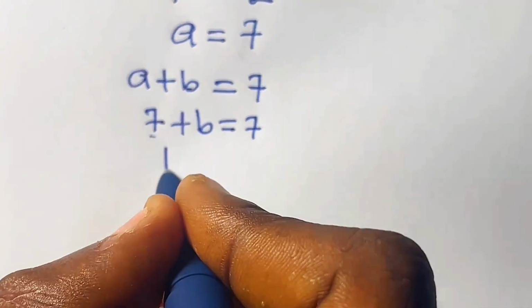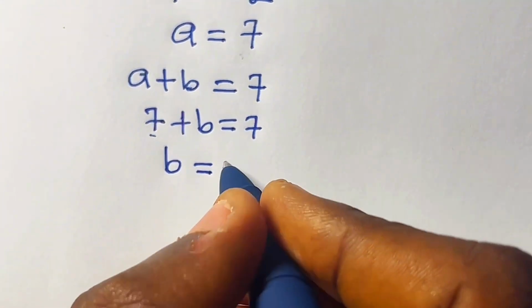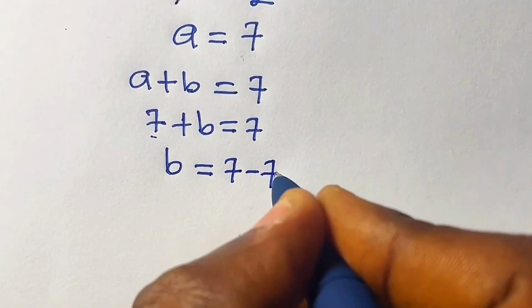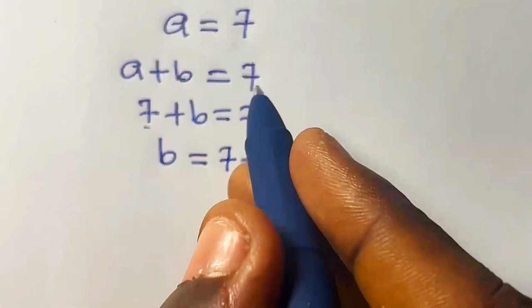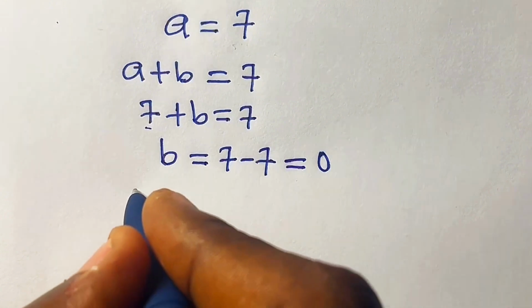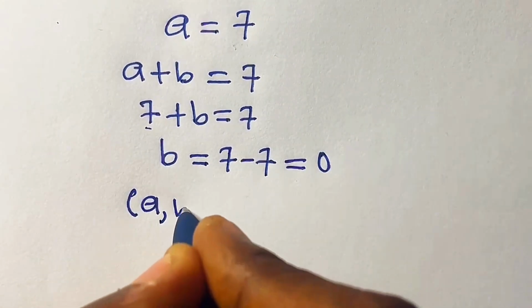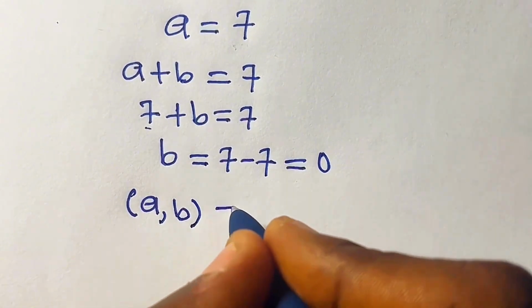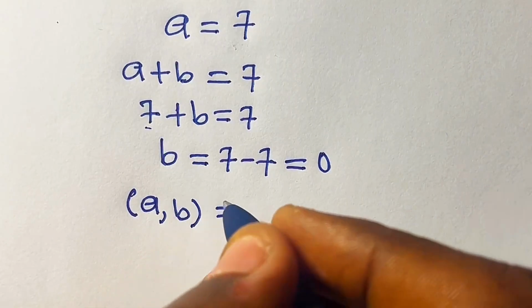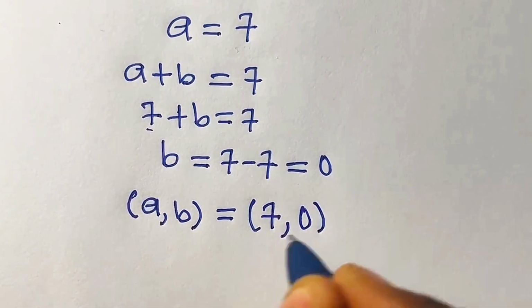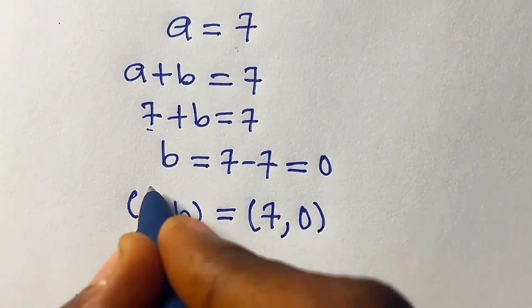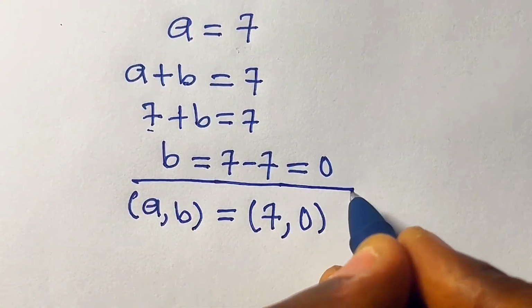So b equals 7 minus 7, and that equals 0. So for case 1, our a, comma, b: we got a is 7 and b is 0. This is our first case.